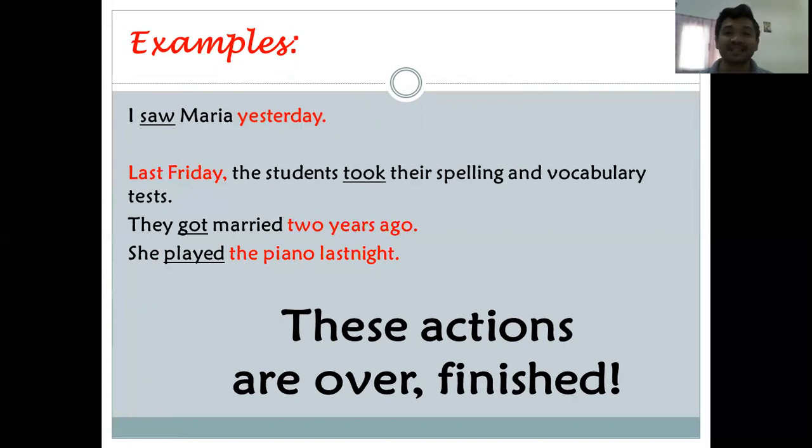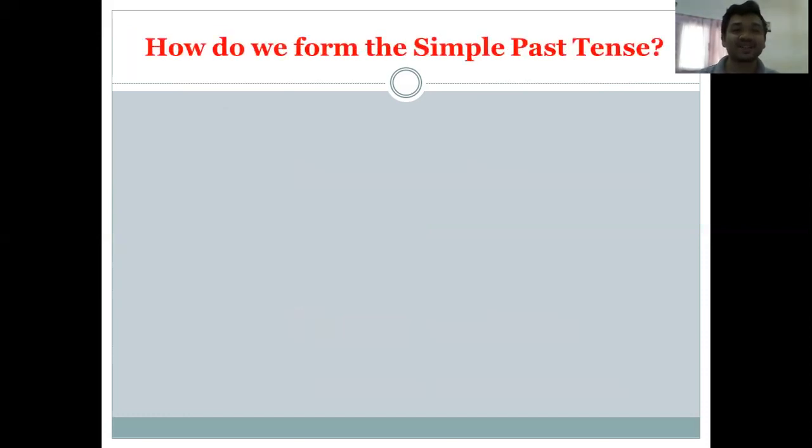Once again, simple past tense is for actions that started in the past and finished in the past. And time expressions are often used with simple past tense. All right, so how do we form the simple past tense?